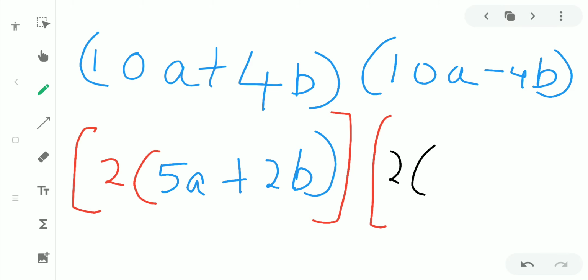On taking 2 common, I will get 5a minus 7b. Here it is 14. I have written 4.